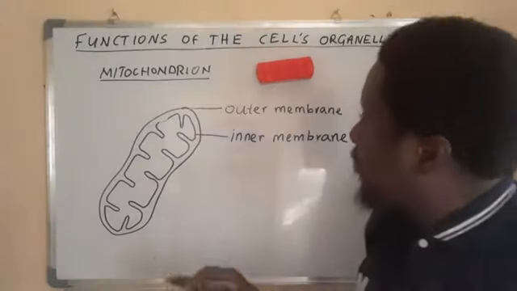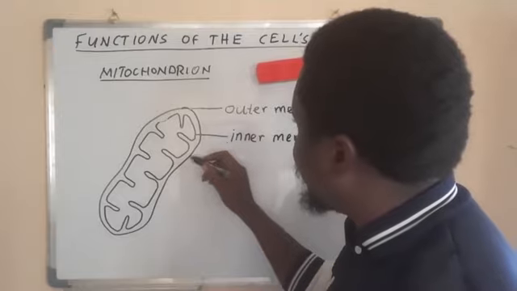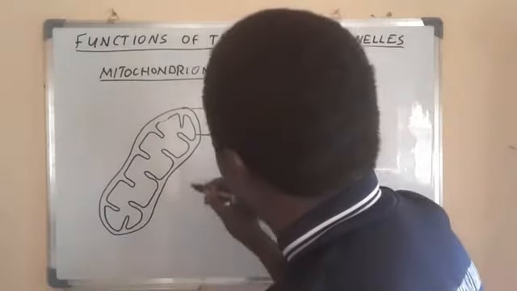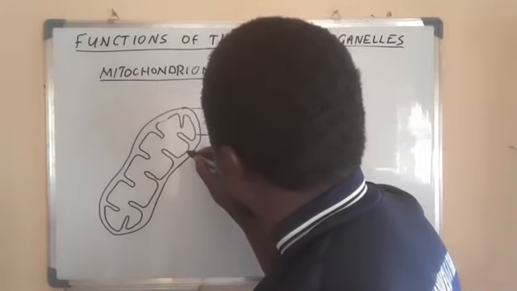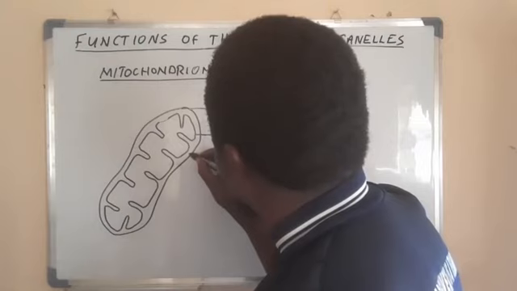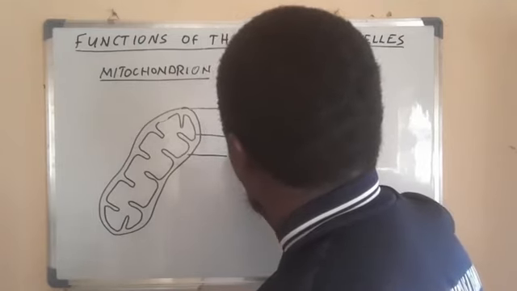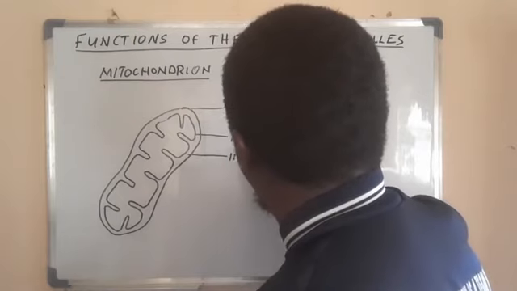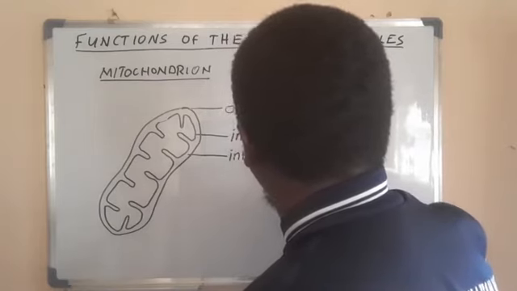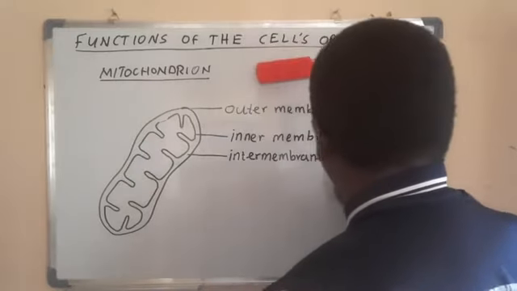Between the inner membrane and the outer membrane there is a space, and this space is called the intermembrane space.